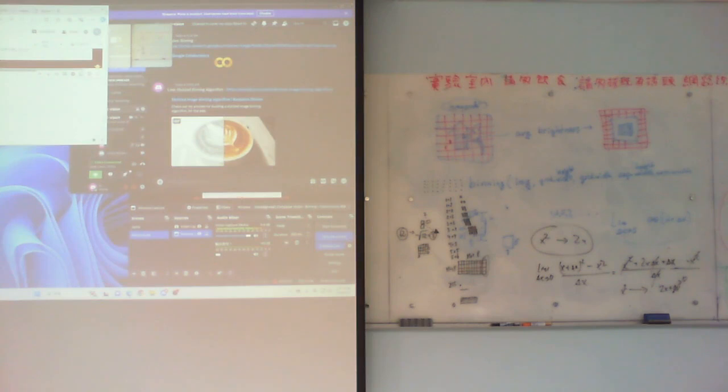So I want this rectangle, so I can only add one entire row or one entire column. We don't want to add individual pixels.